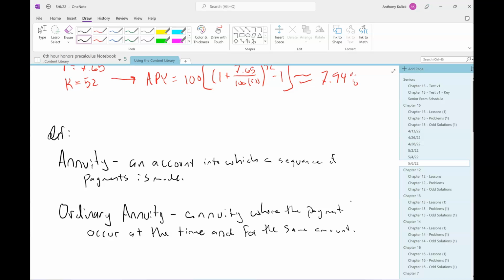What else? This one's a little harder for typically high school students to catch. How about retirement savings? Like every paycheck, usually you contribute some part of your paycheck towards your retirement savings, happening at the same time every month for the same amount. Typically, it's a percentage.